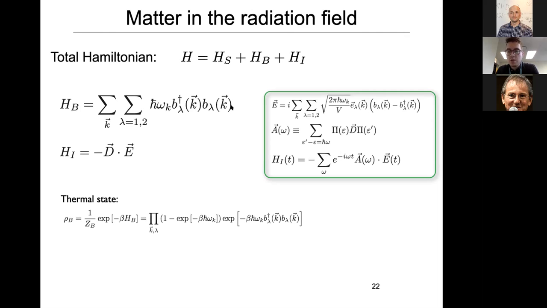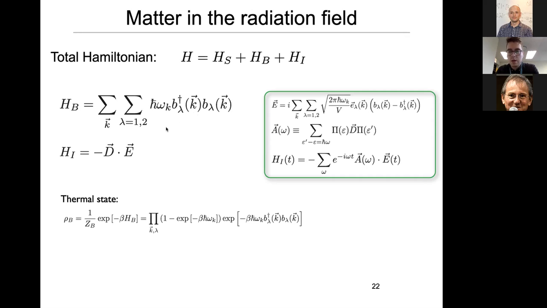The annihilation operator b is defined in such a way that when it acts on the Fock states, it destroys a photon with wave vector k and polarization lambda. Conversely, the creation operator is defined such that when it acts on a Fock state, it creates a photon of the same wave vector and polarization.